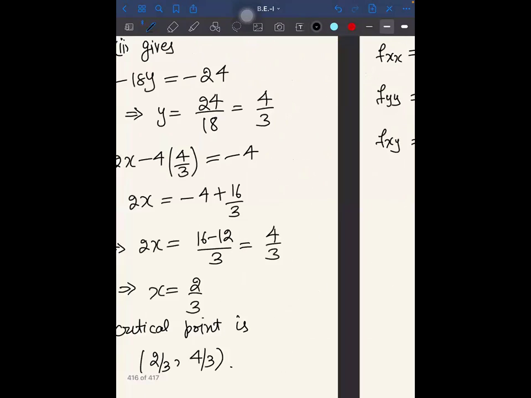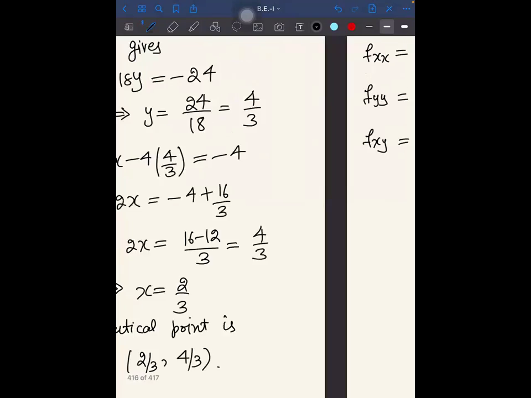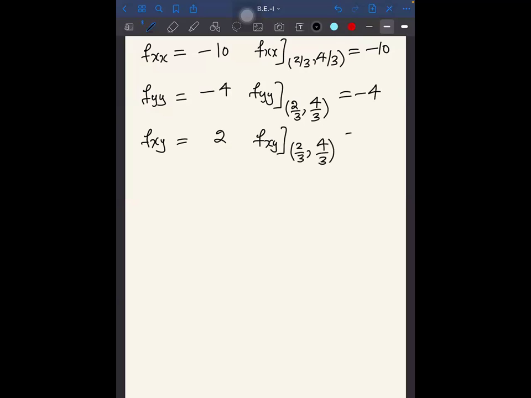Let's say with respect to y, we have only 2. Since they are constants, at this point they'll also remain the same, right? At 2 by 3 and 4 by 3. So this is 2. So all these 3 are fine, right?